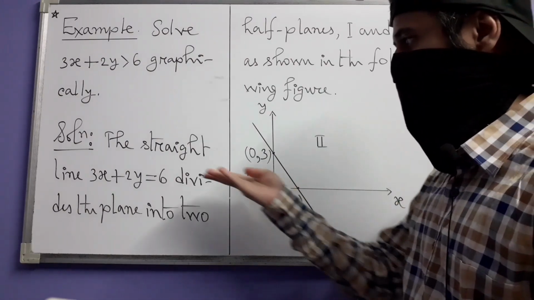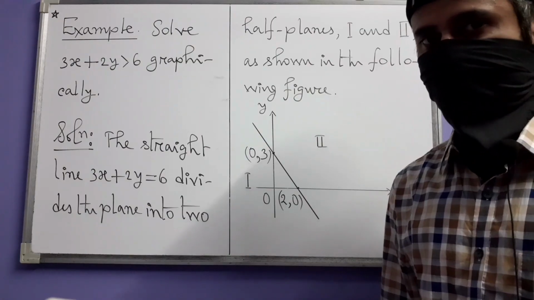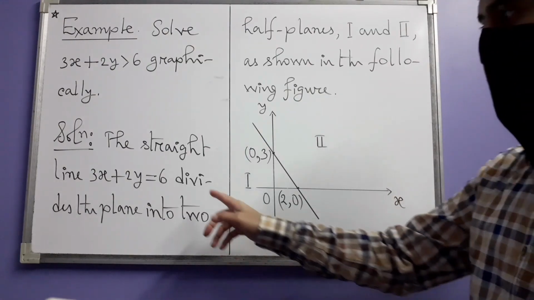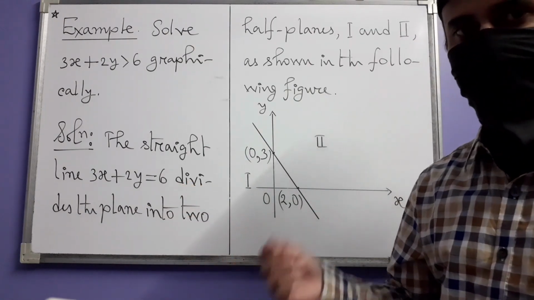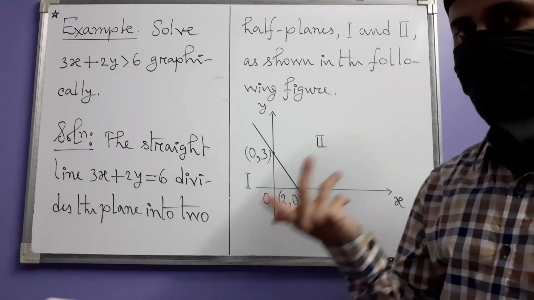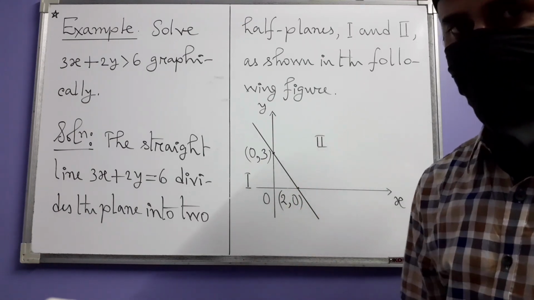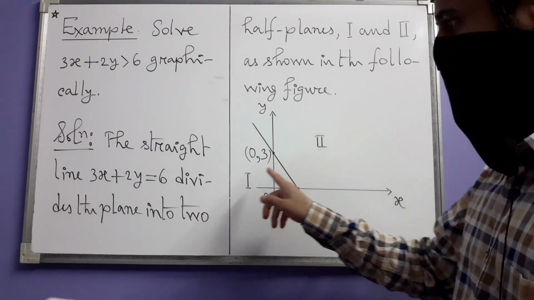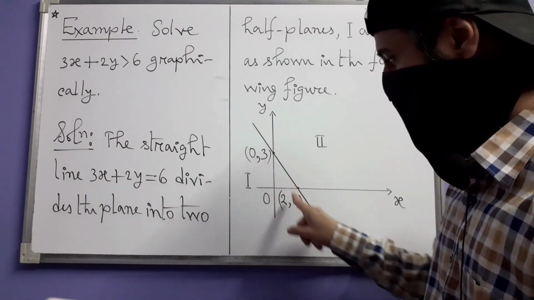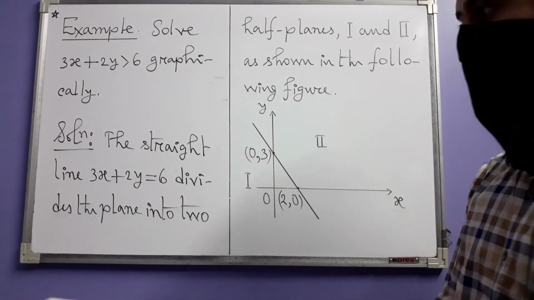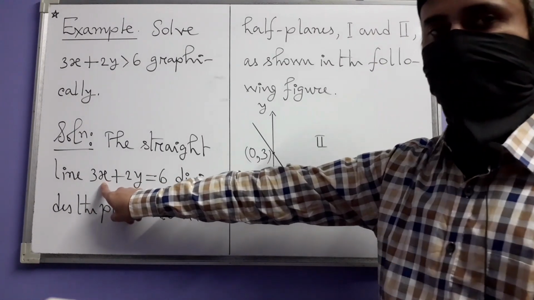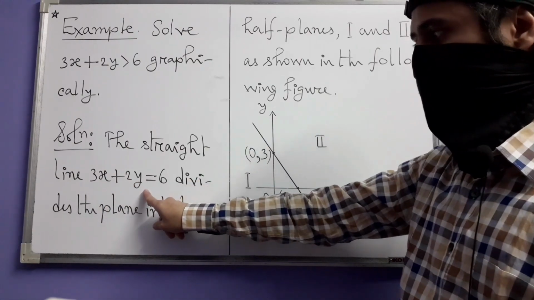Now, how do you draw this straight line? That's easy. You just locate any 2 distinct points on the straight line, and they will determine the straight line. It's very easy to find these 2 points. You take x = 0 and then solve for y.